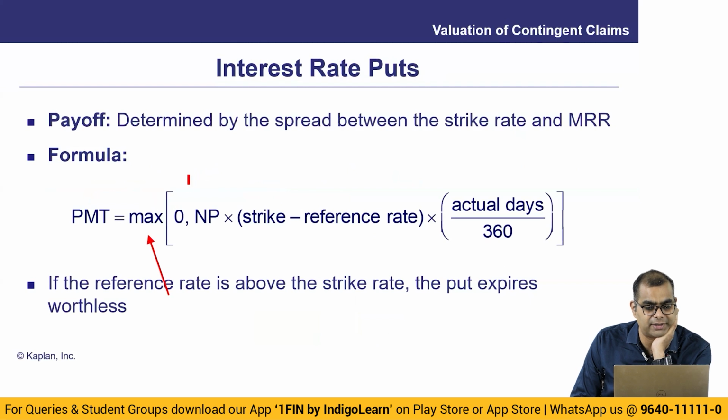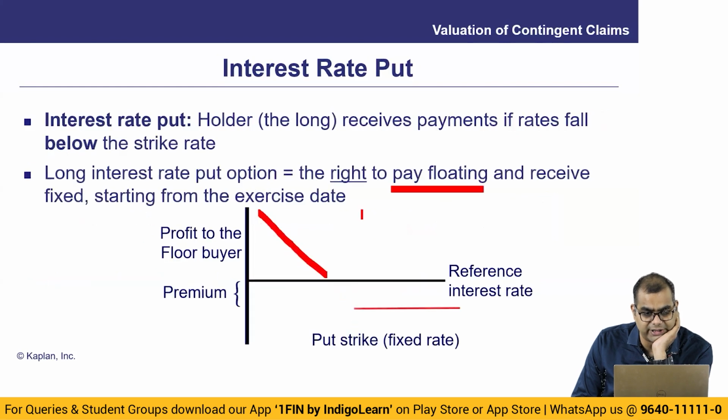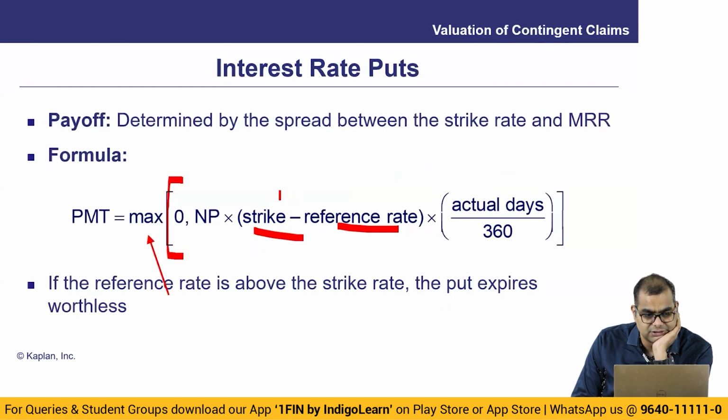How is the payoff determined? Same as our call option: the maximum of your strike minus the reference. I agreed to pay floating and receive fixed. The market reference rate is, let's say, 5%, and my put is pay floating, receive fixed, so I receive 7 and pay 5.